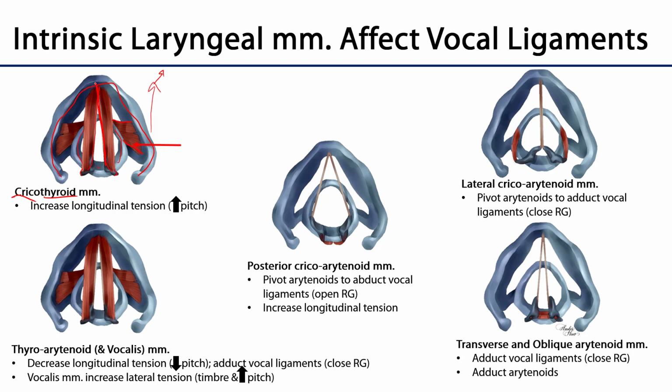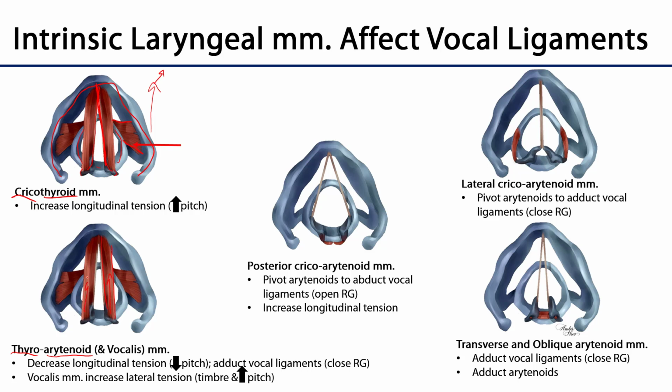The next muscles do nearly precisely the opposite of that, and these are the thyroarytenoid muscles. The thyroarytenoid muscles run between the thyroid cartilage and the arytenoid cartilage. See, I told you that these were exquisitely well named. And what they do when they contract is they draw the arytenoid cartilages forward.